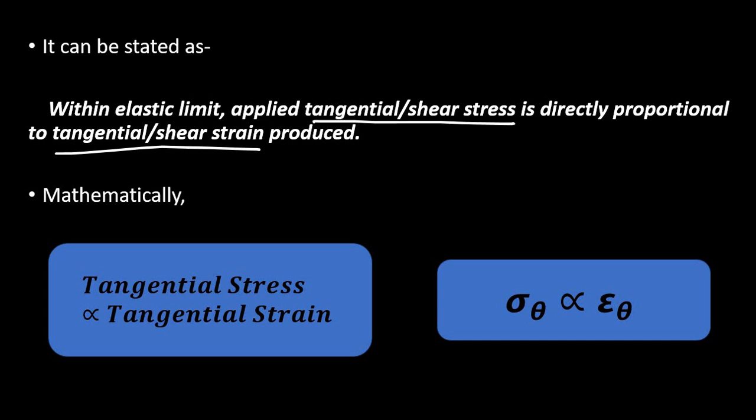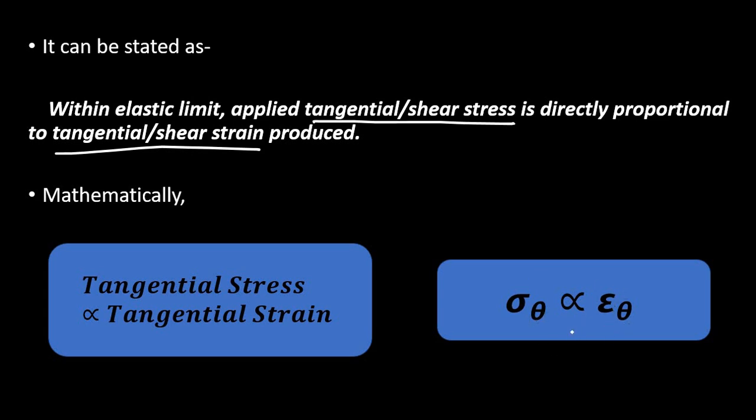That is, the bending of the object is directly proportional to the applied bending force. Bending angle is directly proportional to bending force. When the bending force increases, bending angle increases. That is basically Hooke's law applied to bending of materials, which gives us the modulus of rigidity. So sigma theta is directly proportional to epsilon theta.